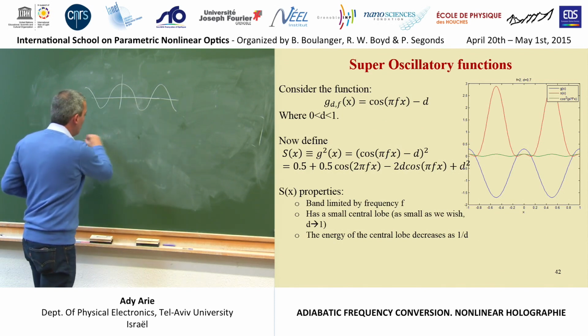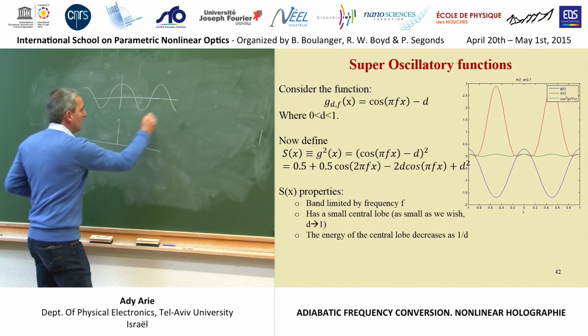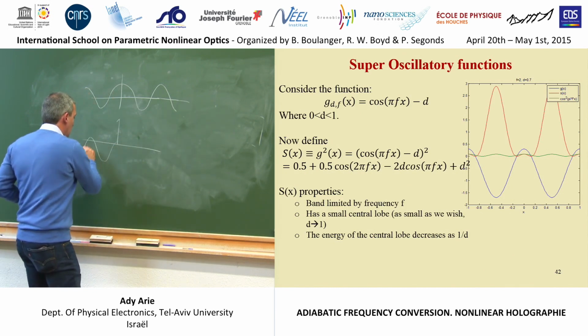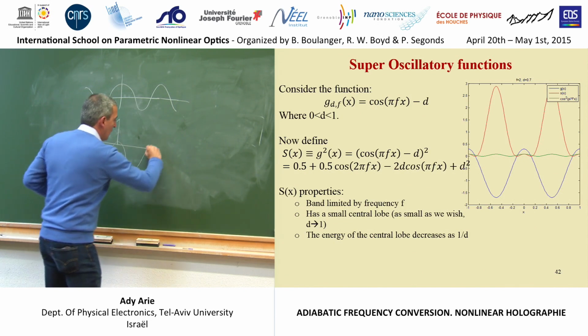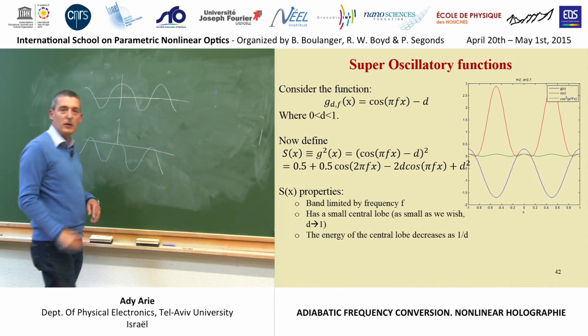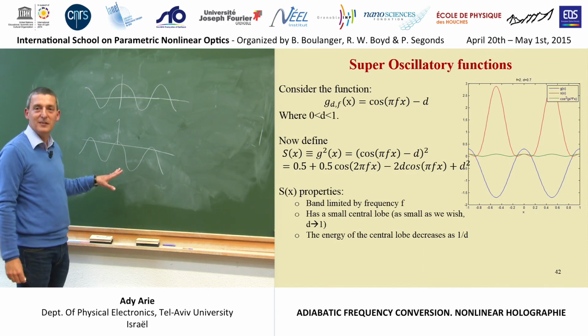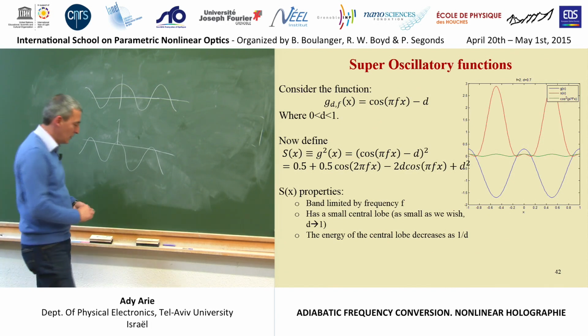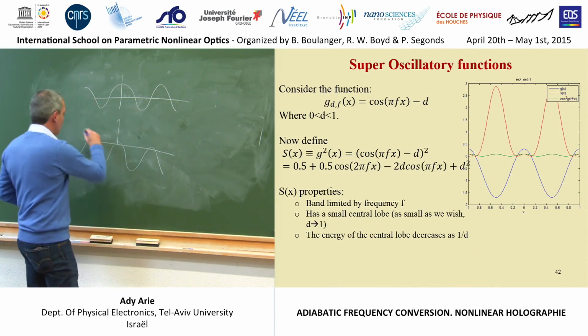So instead of looking like this, it will look like this. This is still a cosine, right? Nothing changed. Now let's take the square of this function. The square of this function will look like this.